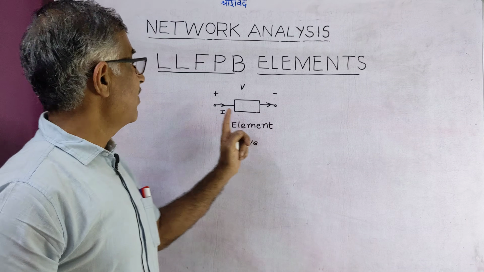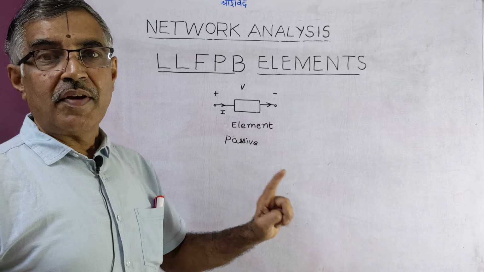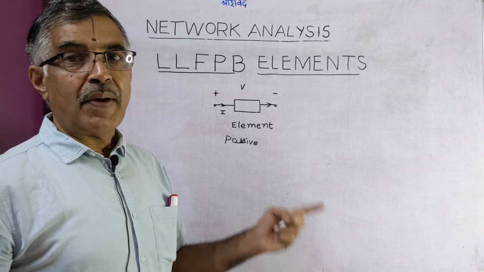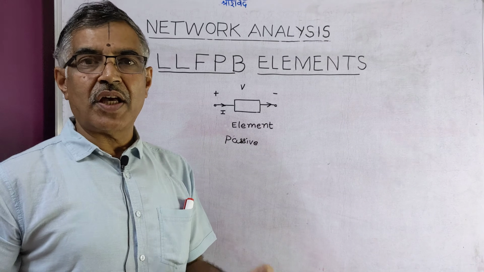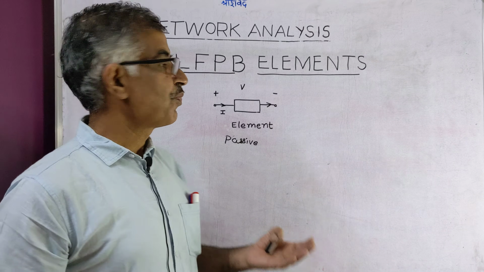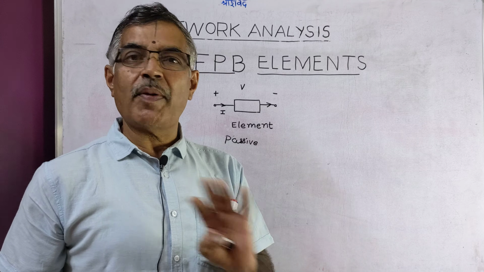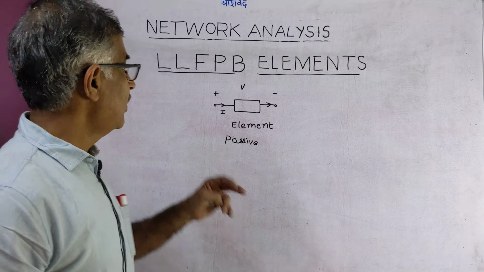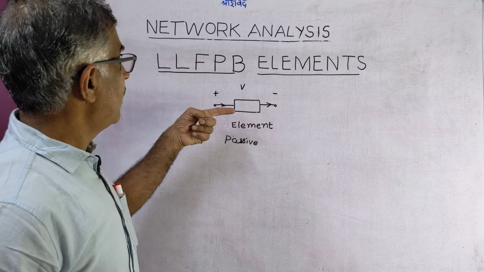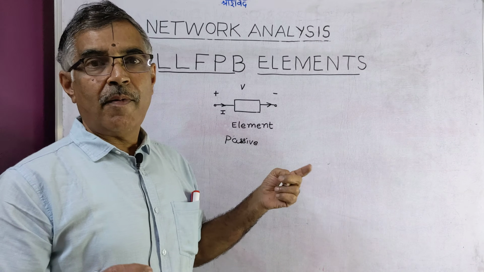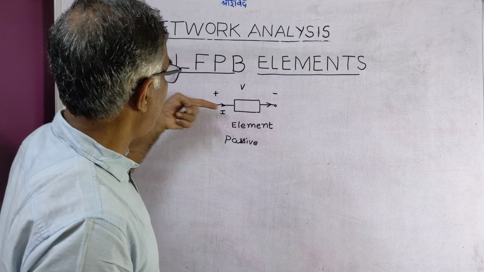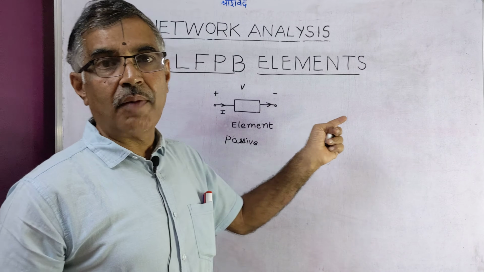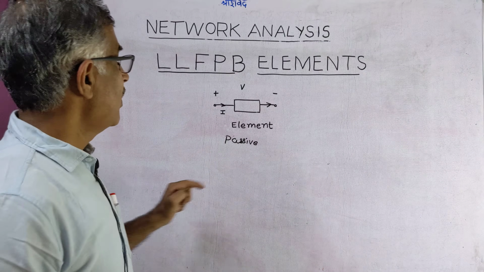This is what is called a passive element: resistor, inductor, capacitor. All passive elements are going to absorb power. They are not in a position to supply power. Always keep it in mind, when an element is absorbing power, current enters at the positive terminal and comes out at the negative terminal.